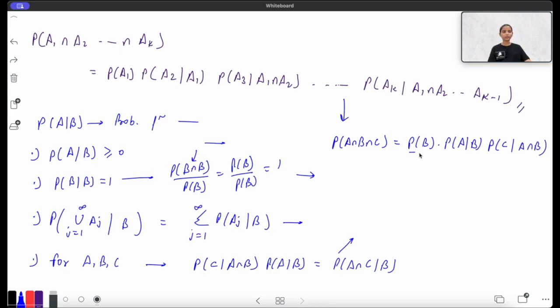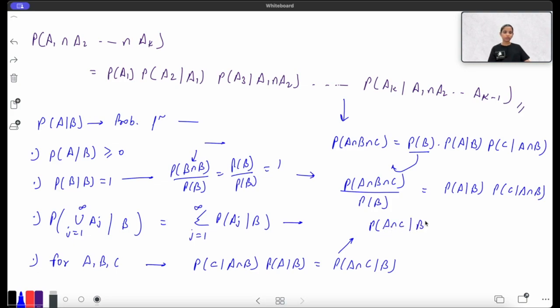Okay, now if I transfer this here, it will be probability of A intersection B intersection C upon probability of B, right? And which is equal to probability of A given B, probability of C given A intersection B. That is equal to probability of A intersection C given B, which is equal to probability of A given B and probability of C given A intersection B. So that is just the reframing of the simultaneous occurrence of three events.